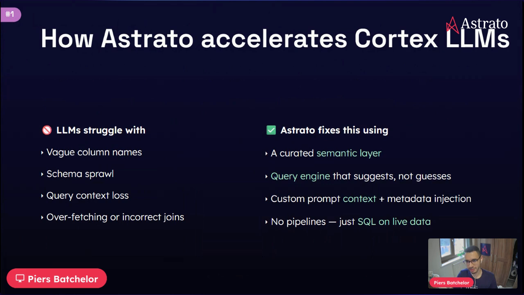So what are we doing differently? Large language models do struggle with text to SQL, generally speaking. And especially when you've got things like vague column names or duplicate column names. We've all seen that field that just says ID, and it says it in every single table.